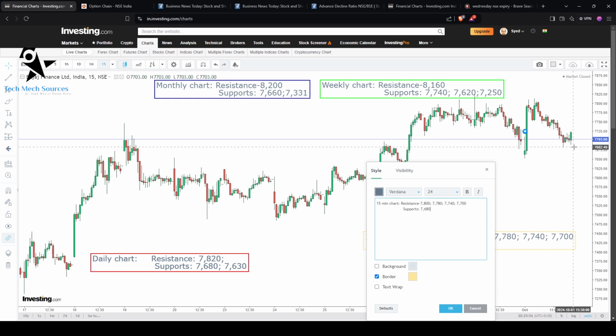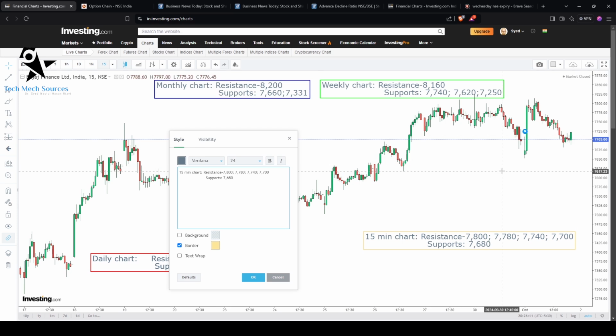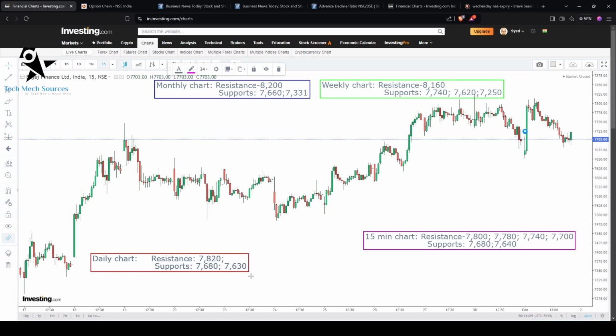Going down and down, there's a small support, 7,667, and then there is a support here which is 7,640. Give it another border. Okay, so we have discussed all these things.